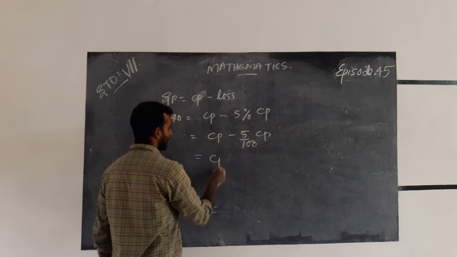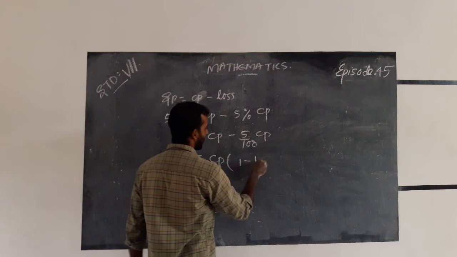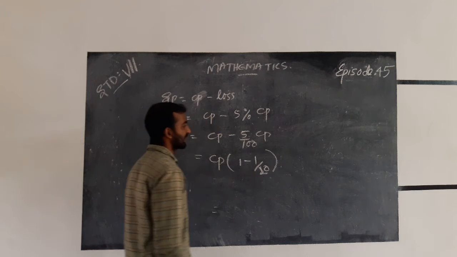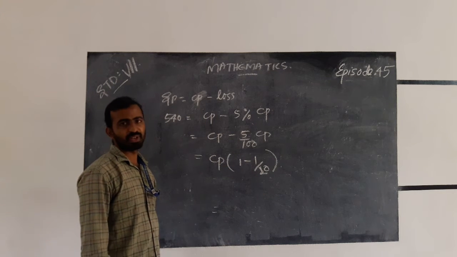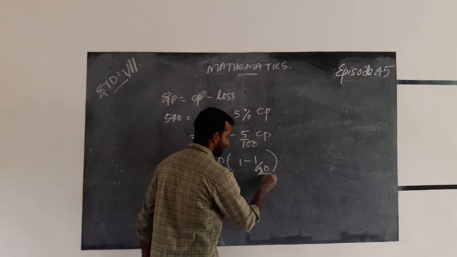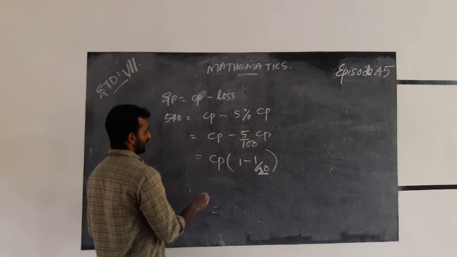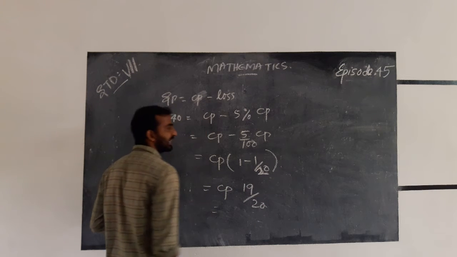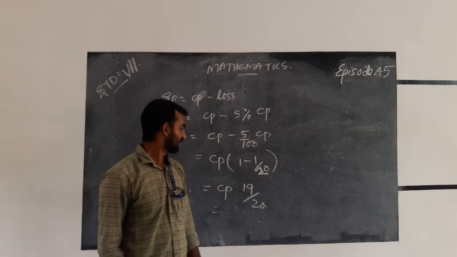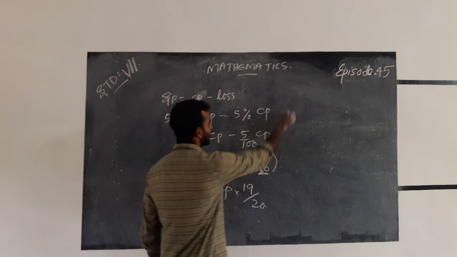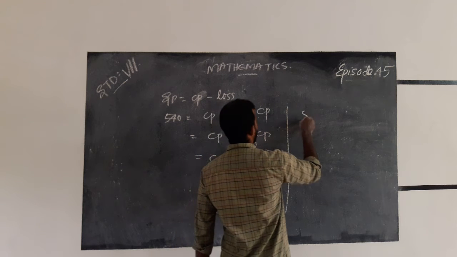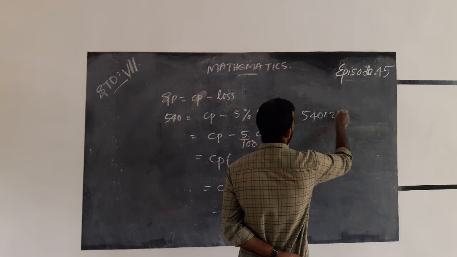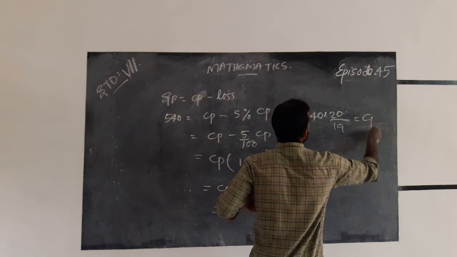We take CP as common: CP into 1 minus 1 by 20. We simplify, that is CP into 19 by 20. So 540 into 20 by 90 equal to CP.